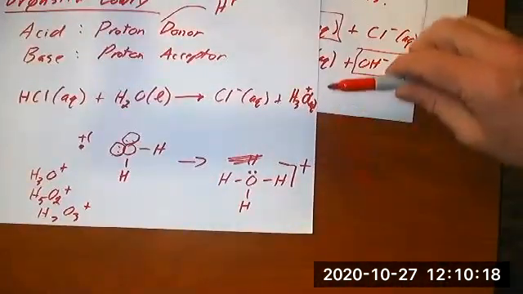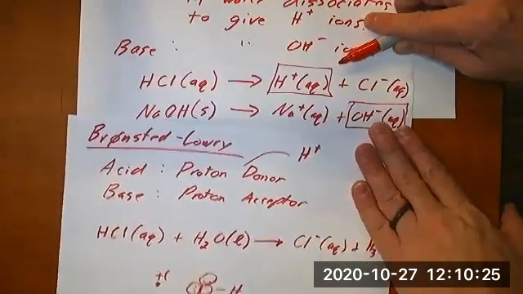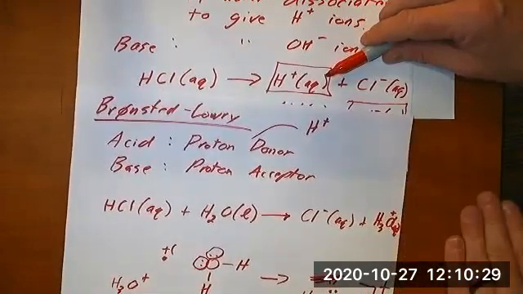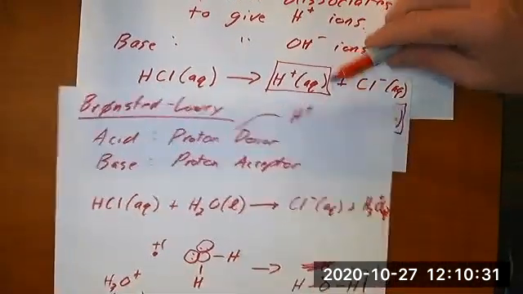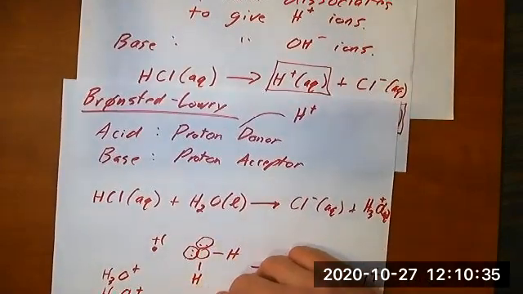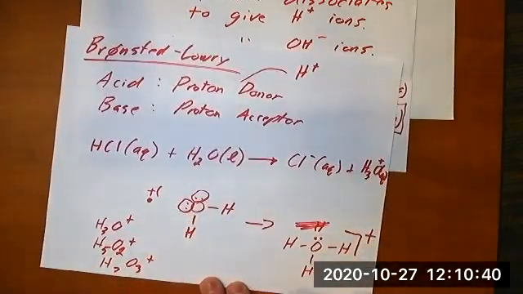So when we write H+ aqueous, we need to remember that this is really just a shorthand notation that we use to describe H3O plus, H5O2 plus, H7O3 plus, that sort of combination of possibilities.